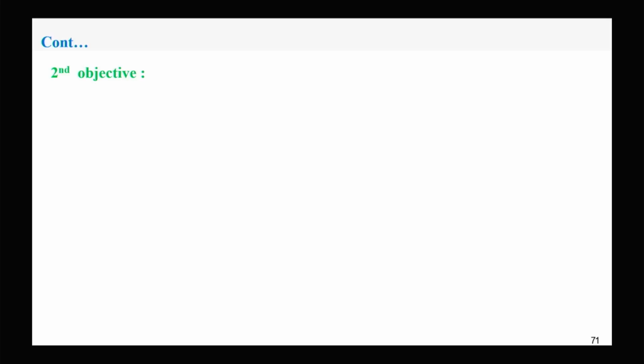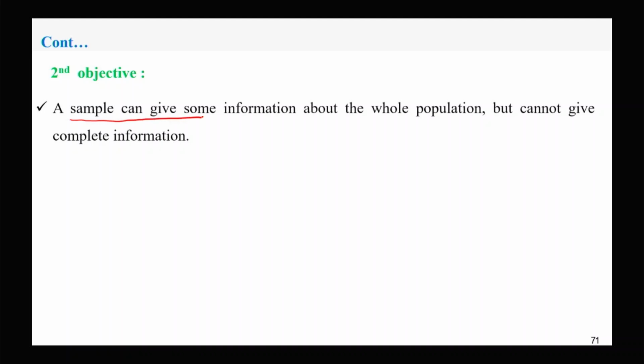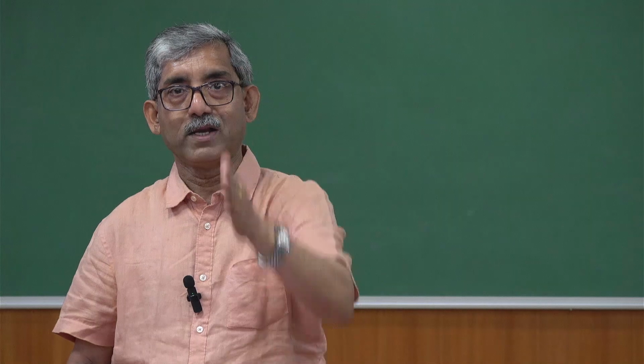And the second objective was that a sample can give some information about the whole population, but it cannot give the complete information. Like our target was 50 any, and we have got say 1 million bobbins, and our basic target nominal count is 50.